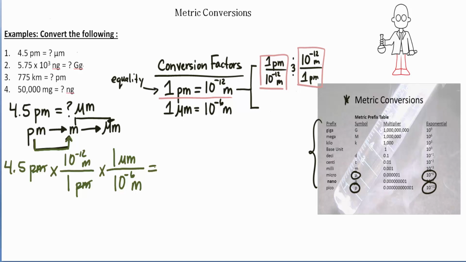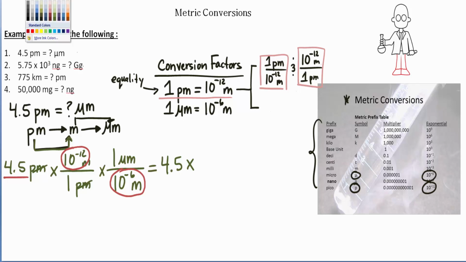Now, we need to multiply and divide all of these things out. So we have the 4.5 from here. We have the 10 to the minus 12 from here, and the 10 to the minus 6 in the denominator from there.